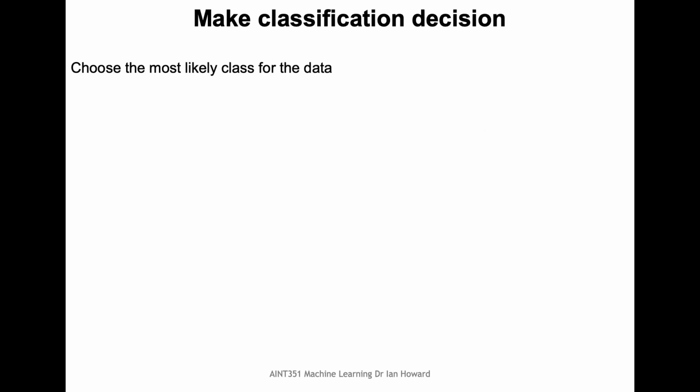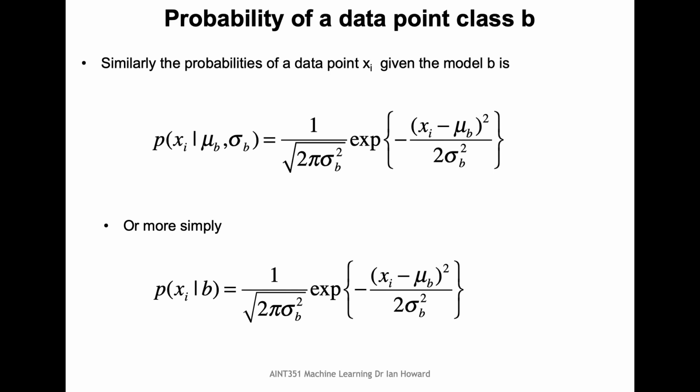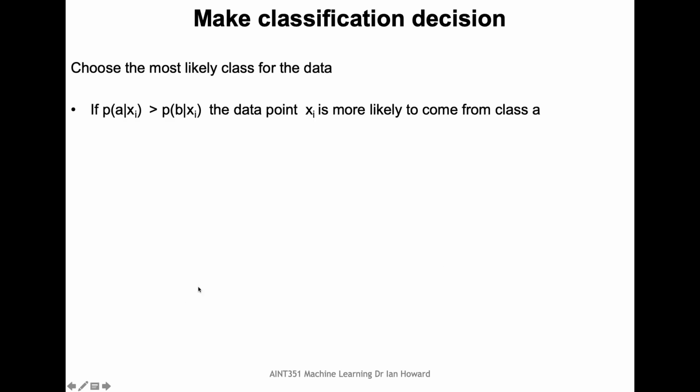But that's not exactly what we want, right? What we want to know is not the probability of the data given the class, it's the probability of the class given the data. So is it class A given the data, or is it class B given the data? It's class A if the probability of A given the data is bigger than the probability of B given the data, right?